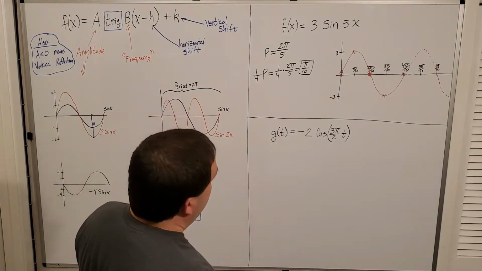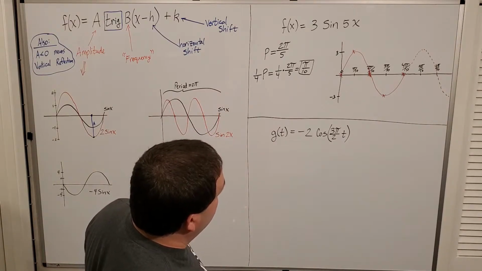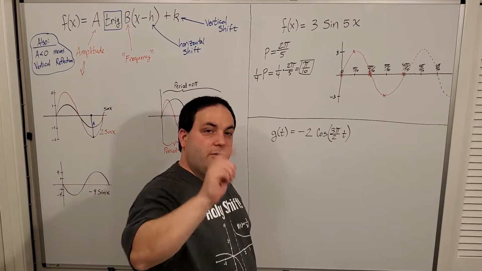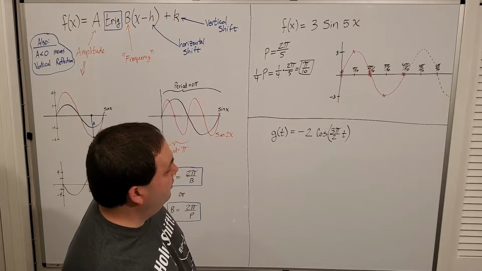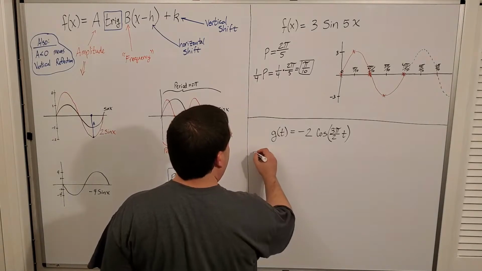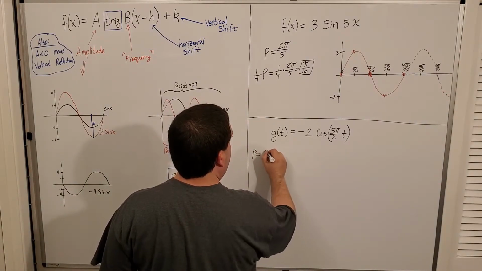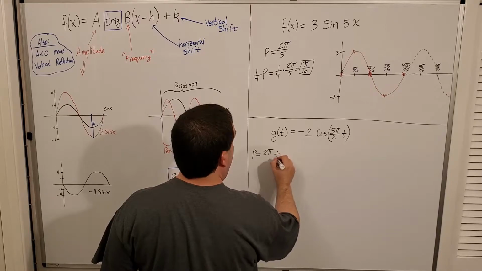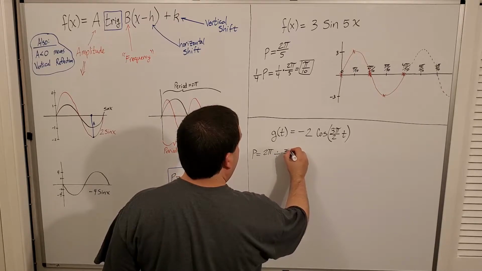G of t is -2 cosine 3 pi over 2t. Remember, the first thing we do is we look for the period. In this case, my period is going to be 2 pi divided by 3 pi over 2.